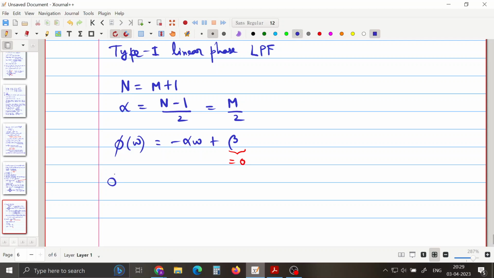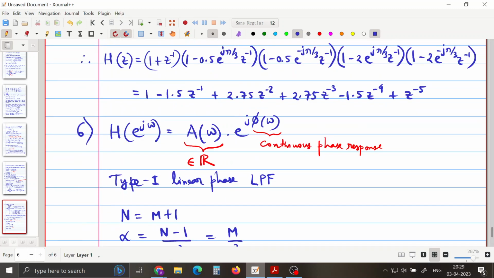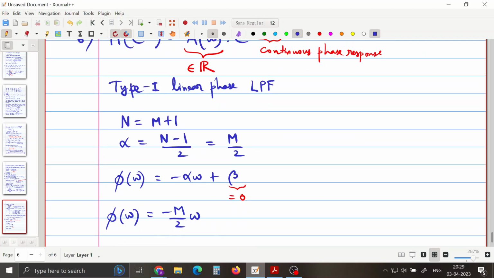So your phi of omega is minus alpha times omega, and alpha is m by 2, so minus m by 2 omega. So far so good.